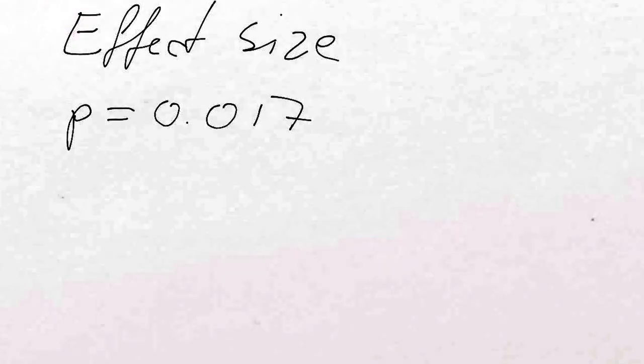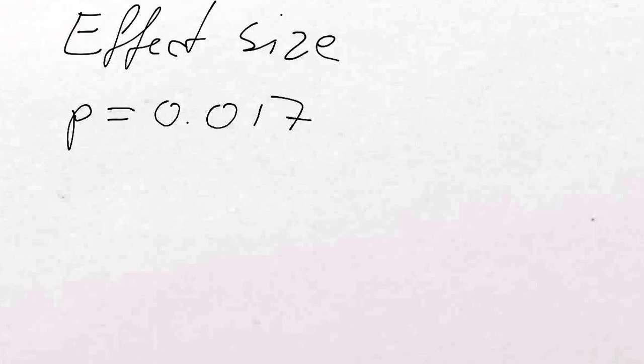So here in our example, we saw that P equals 0.017. And we would say there is a very clear statistical effect. It is significant from a statistical point of view. But is it really something that we need to worry about?